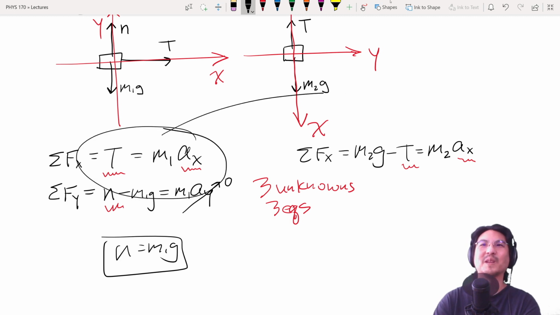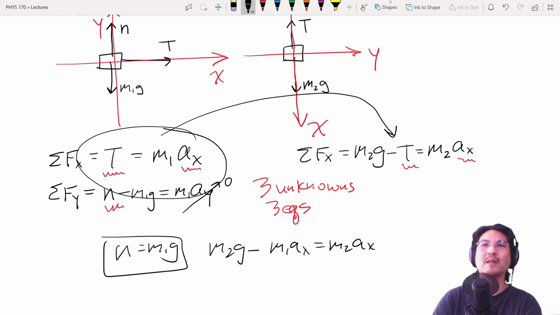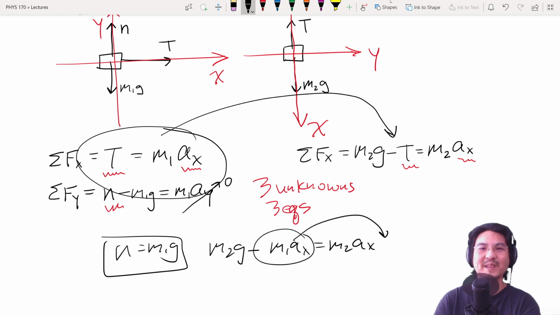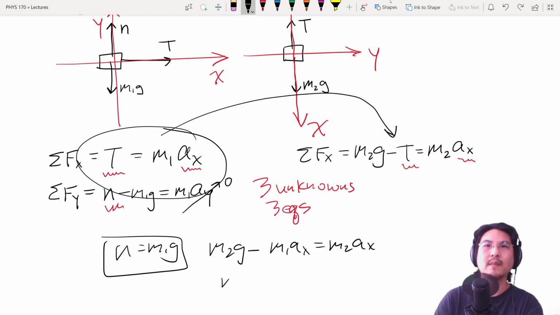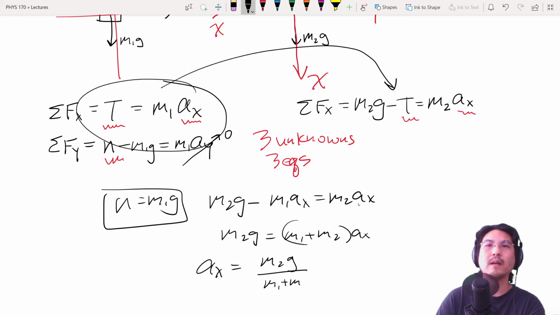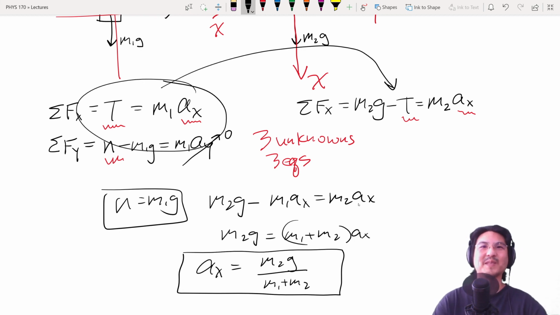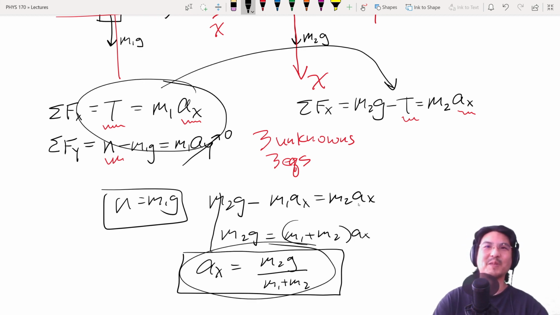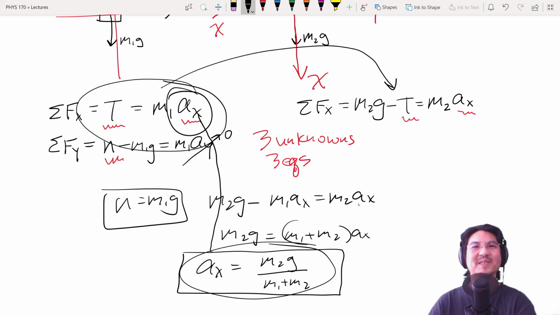I can take this and put it there, so minus T equals, and then I can move this on that side. And then just divide through. So therefore, I got the acceleration. And if I wanted to solve for the tension, just take this and substitute it right back there, and I got tension.